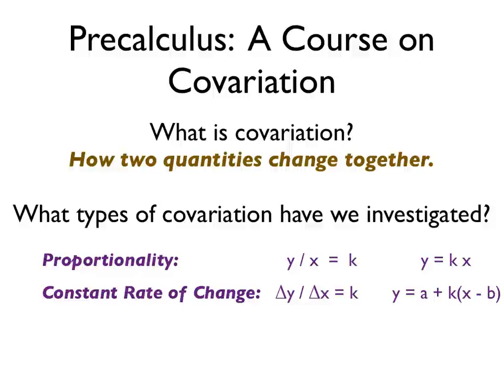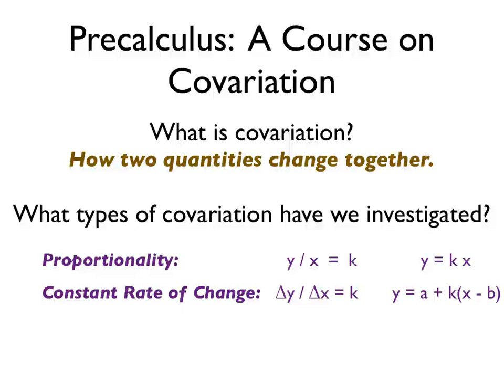Okay, and then from constant rate of change, we moved on to talk a lot about functions, and then we did exponential growth. Exponential growth, what ratio? We have a constant ratio in exponential growth too. What constant ratio do we have with exponential growth? What was exponential growth all about?